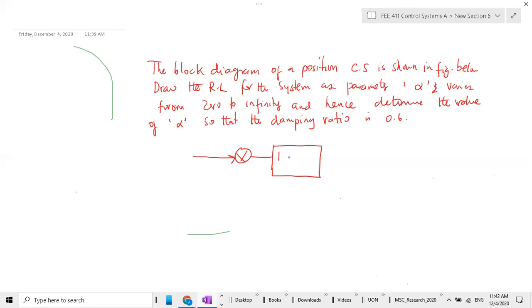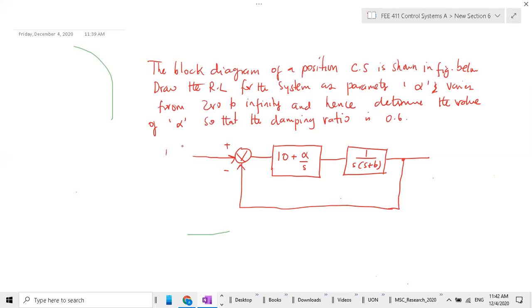We have (10 plus alpha) over S into (S plus 6), with negative feedback, where R of S is the input.